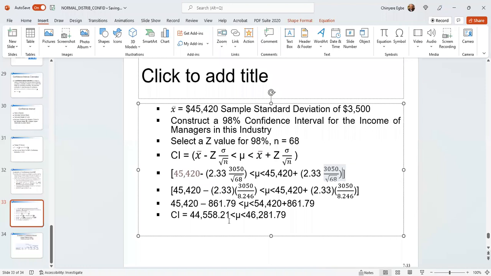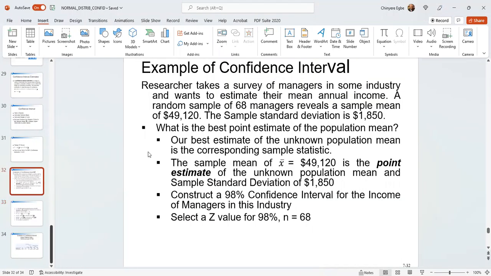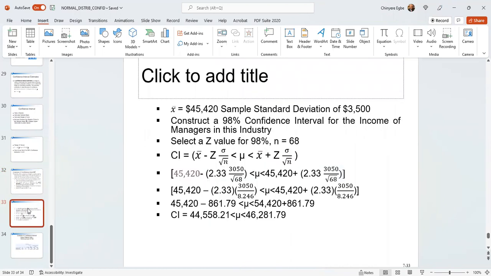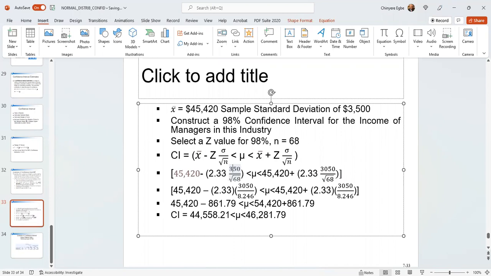All right. So I'm going to go back and change this problem here. 45,420, 3,500. I'm going to have to change the calculations again.